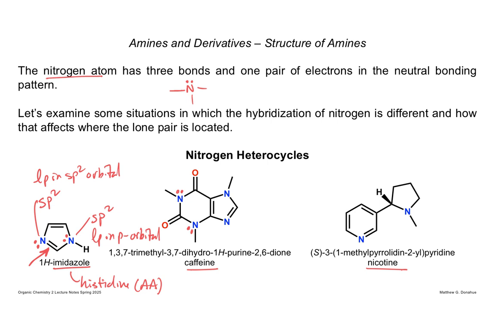Those nitrogens are also sp2 hybridized. And the reason for that is because the nitrogen lone pairs will delocalize through resonance onto the oxygen. Now, amides are really the only ones that do that to the greatest extent.